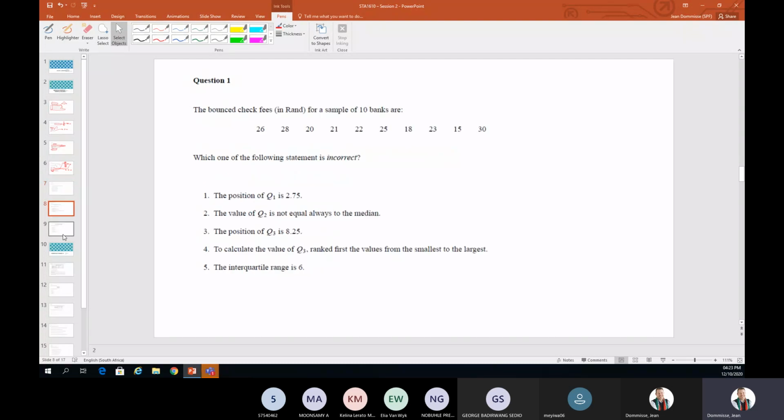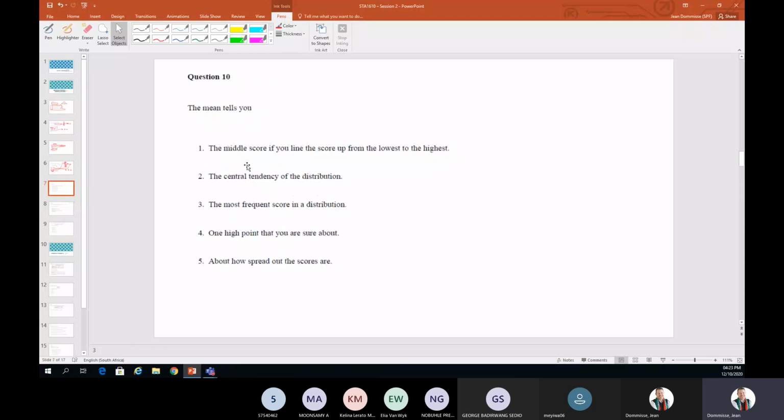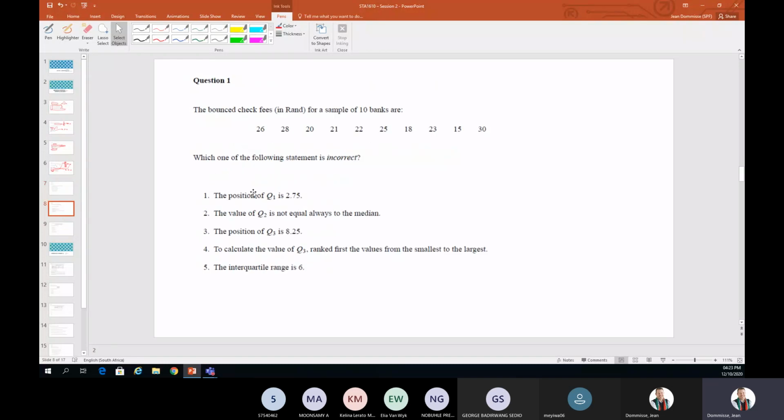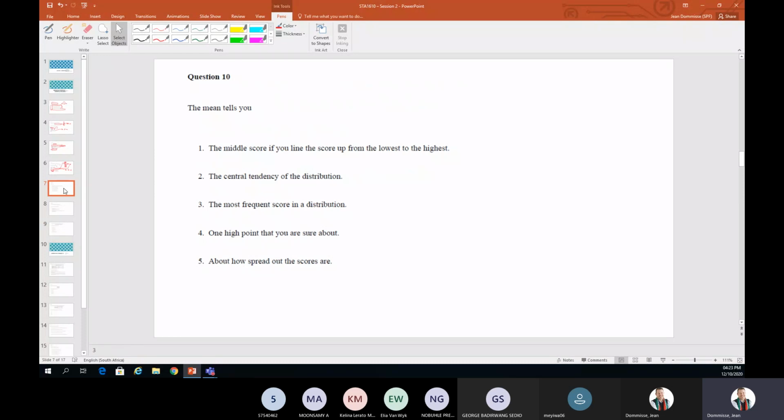So you can see there's another one around theory, and then I thought it's good that we look at Q1 and Q2 talking about the positions and talking about the values, so to calculate that, because then we nearly covered everything in chapter 3. So let's look at this definition.